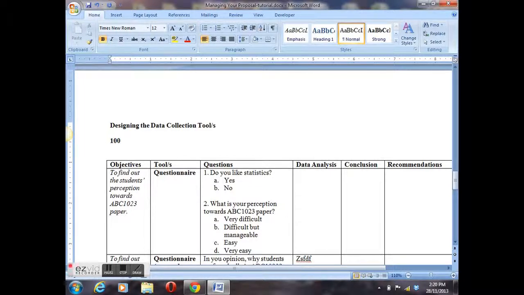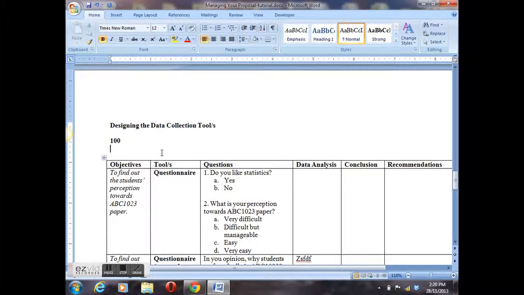If you ask them how old are you, and they say I am 15 years old, for example, how am I going to use that data in my report? If I do not know how to use it, it is much better if we skip that kind of question, because we don't want to waste our time.